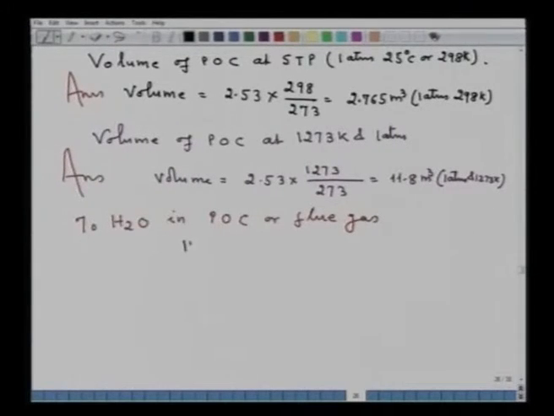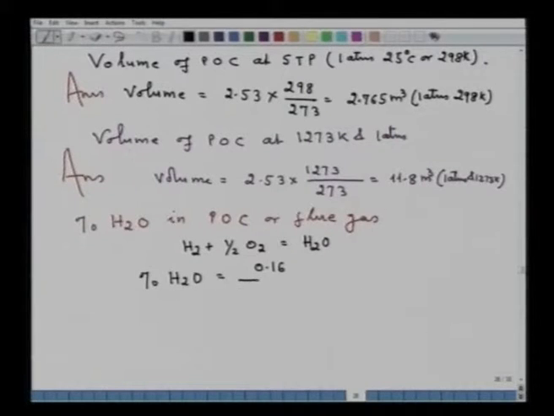The reaction is H2 plus half O2 equals H2O. So, straight away the percentage H2O will be equal to 0.16, this is the kg mole of H2 and same as H2O.